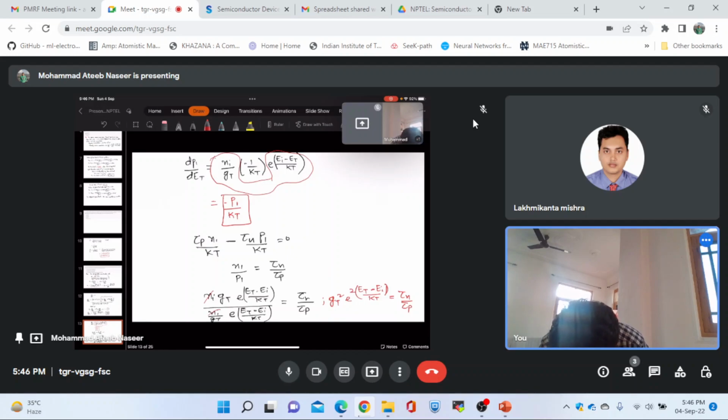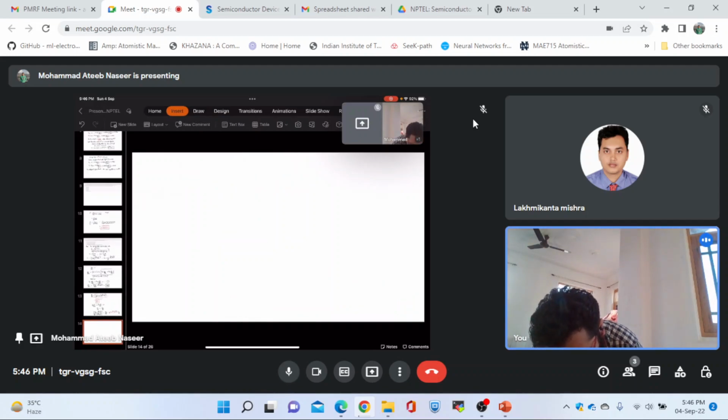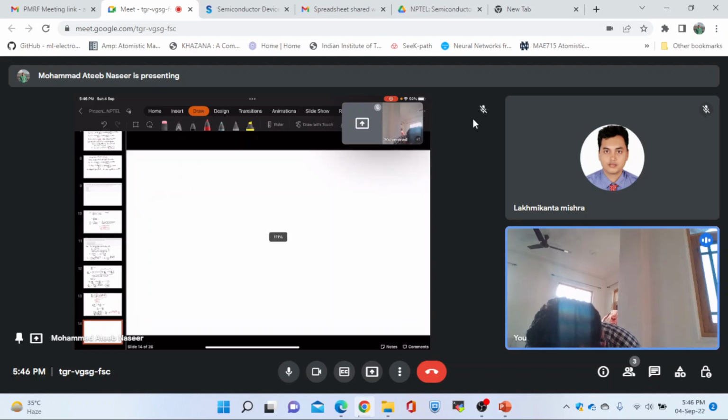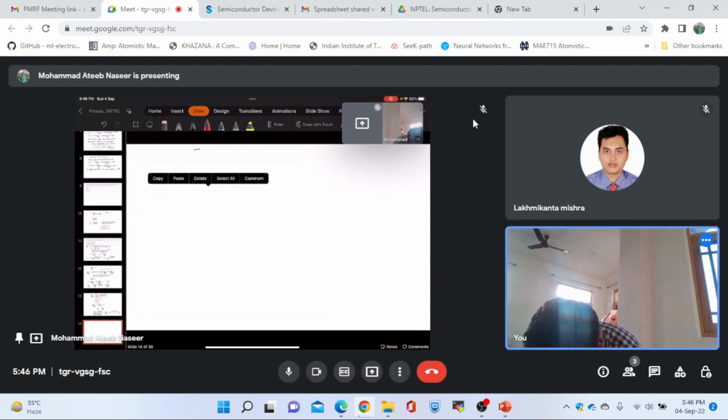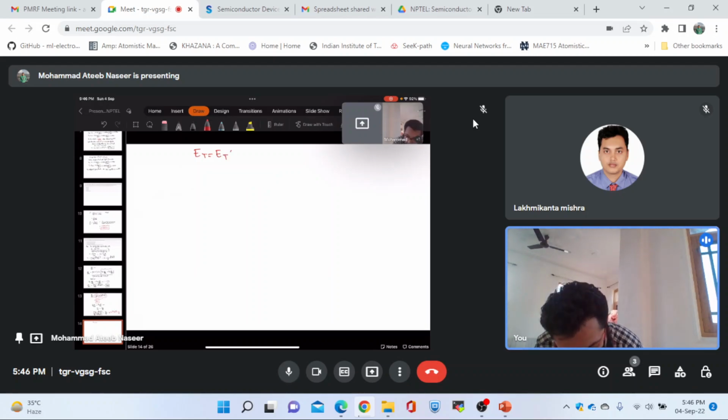So this Et, now let us replace this Et with some trap level, which is where this maximum condition occurs. So for this Et equal to some Et dash, this maximum condition has occurred. Let's not generalize this Et and pick some value Et dash for which this maximum condition has occurred.